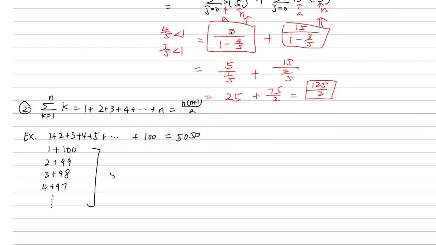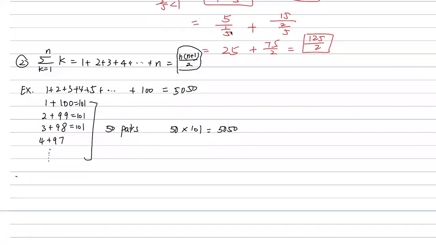There are 50 pairs, because each time we take out 2 numbers, and each pair is equal to 101. So we do 50 times 101, which is 5050. That's how we got this formula, right?